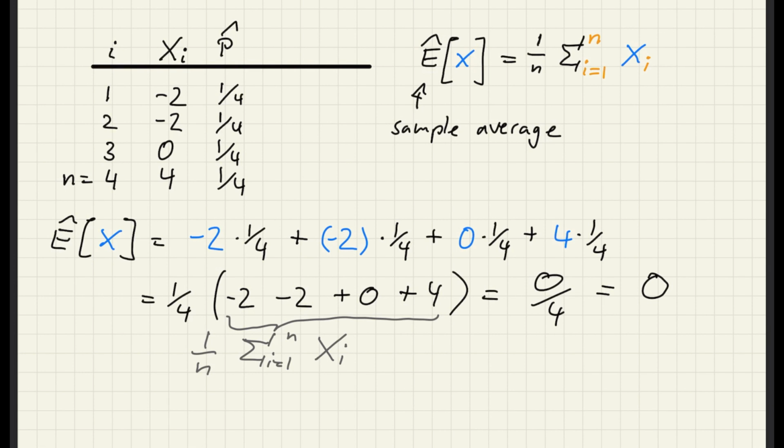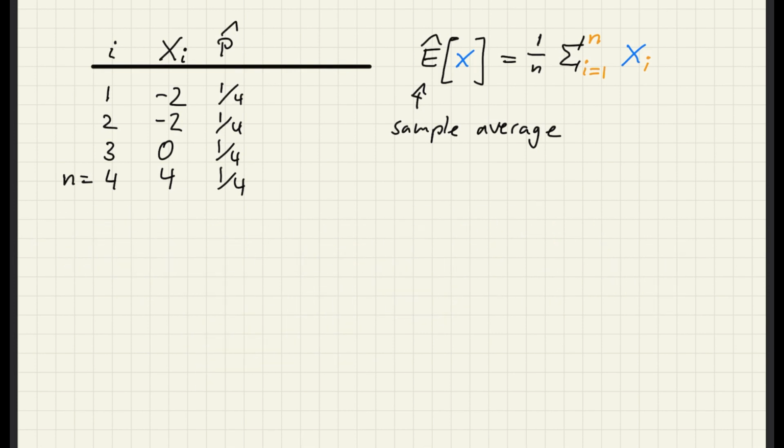In a similar way, we can define a sample variance. The population variance was defined as the expected value of the random variable X minus the expected value of X, squared. Now, using the principle of the method of moments, we can just replace these population expectations by sample averages.